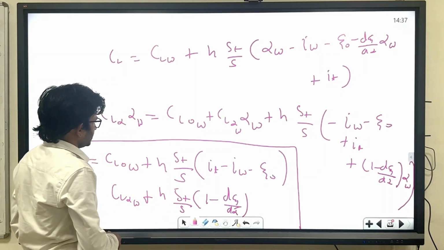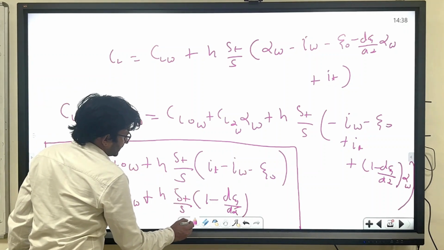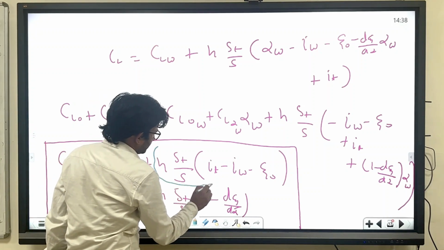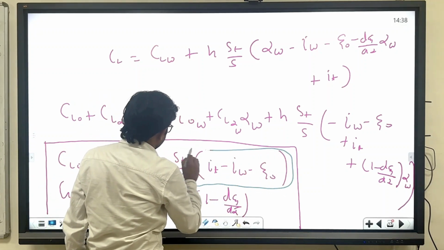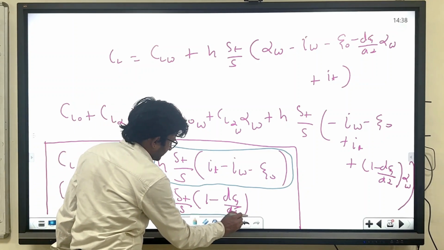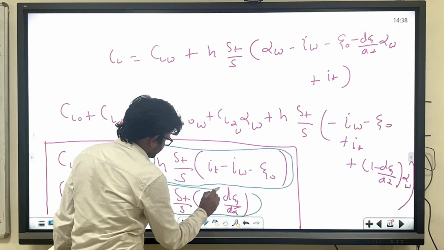So you can see that this is an extra part coming from placing the tail, and this is also an extra part coming from placing the tail.